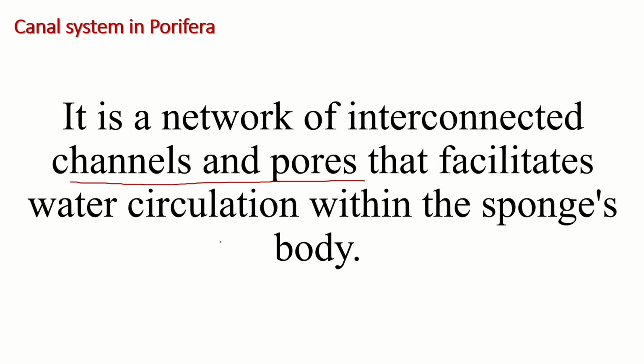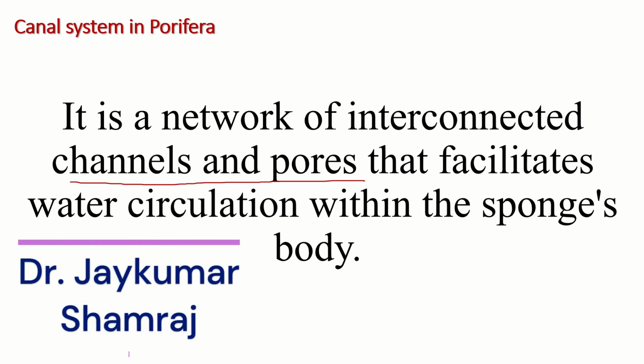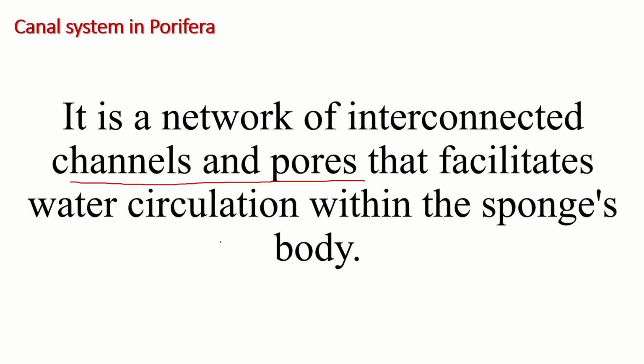So the canal system is a characteristic feature of all sponges. It is the perforation of the body surface by numerous apertures for the ingress and egress of water currents. So inside the body, the water current flows through a certain system of spaces, collectively forming a system.